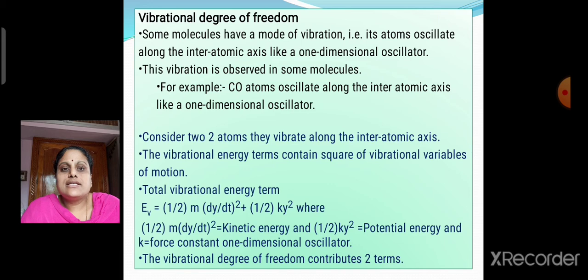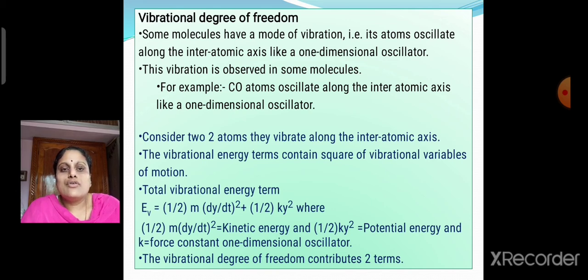Now let us consider two atoms which vibrate along their interatomic axis. Then the vibrational energy term contains the square of vibrational variables of motion. That is, the energy contribution due to vibration will be Ev equals half m (dy/dt) whole square plus half k y square.